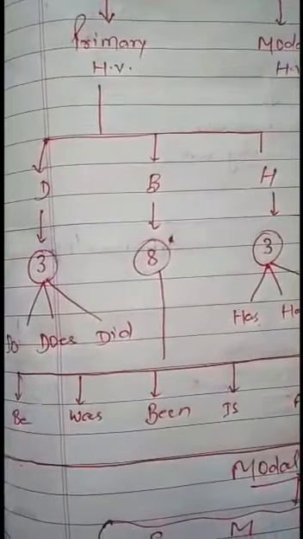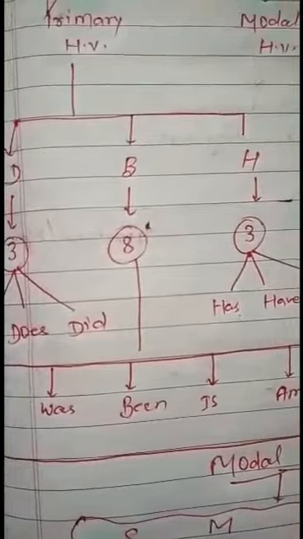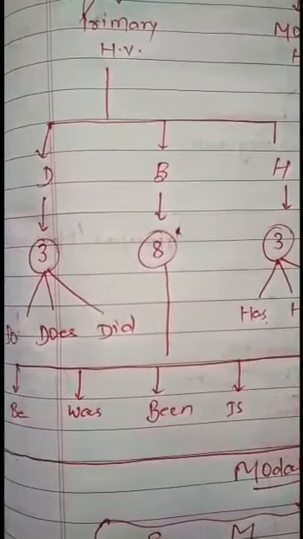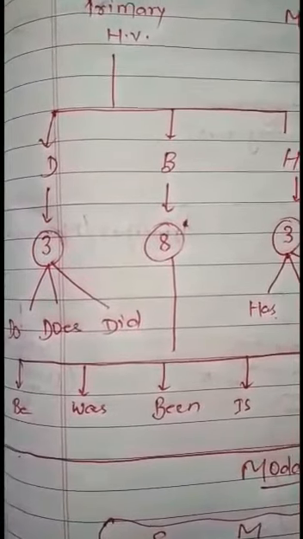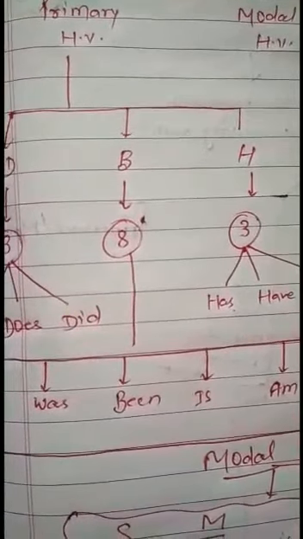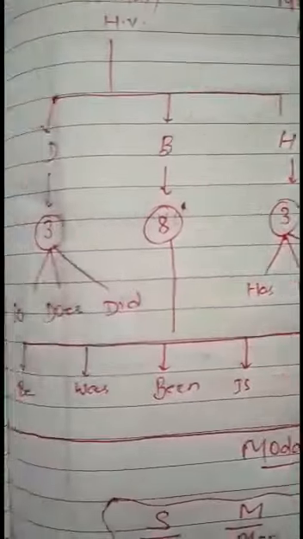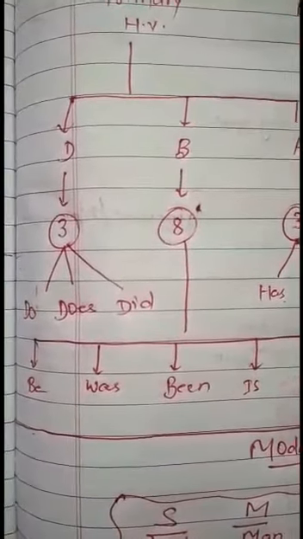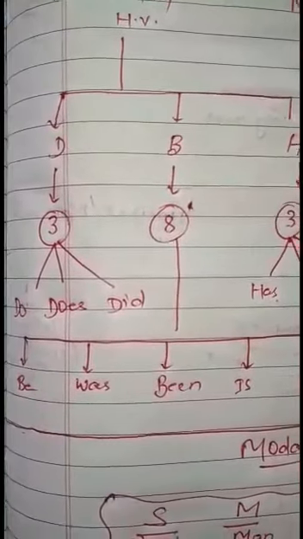D, B and H. Basically D stands for do, B stands for be, and H stands for have. Now from do we have taken 3 helping verbs.